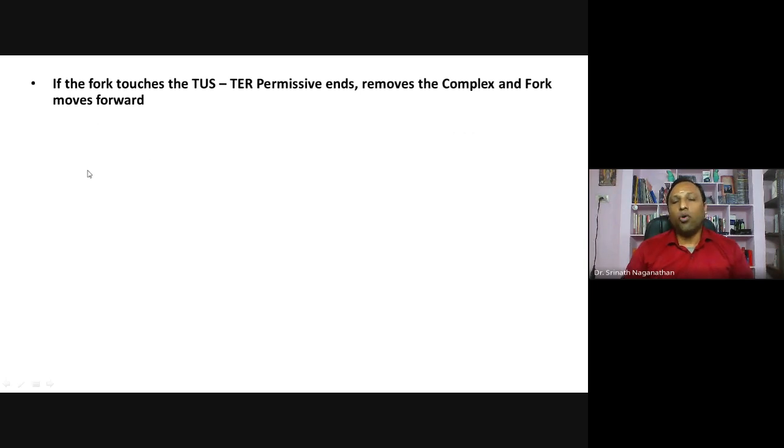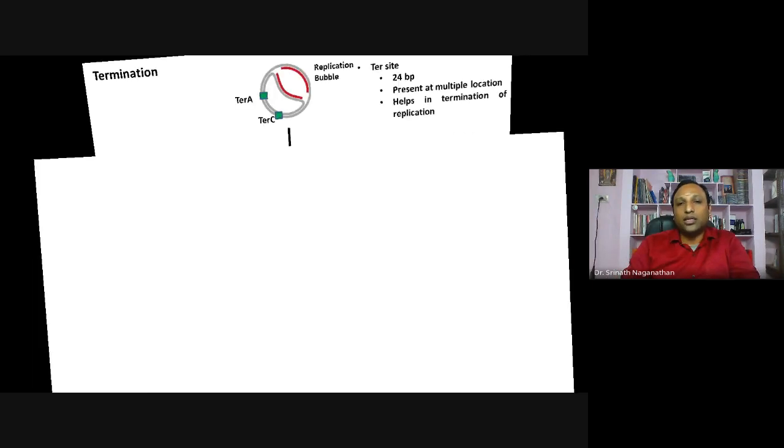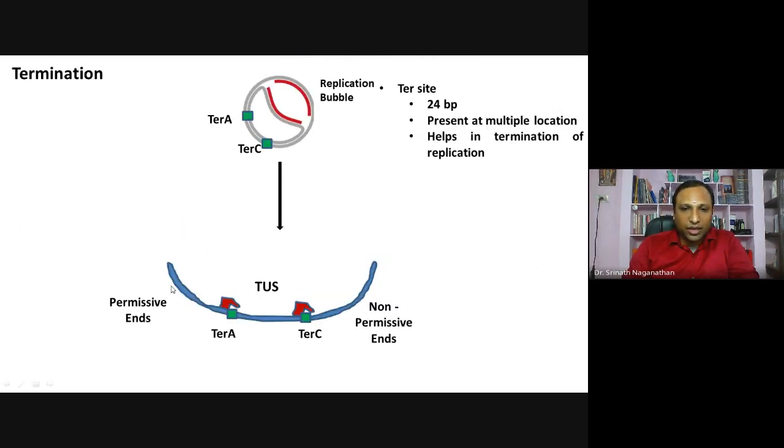If the fork touches the TUS-ter permissive end, it removes the complex and the fork moves on. This plain end, what you see here, is our permissive end. If the replication fork comes and touches here, the TUS is removed and the replication fork can move forward. The non-permissive end is like a protruding end.